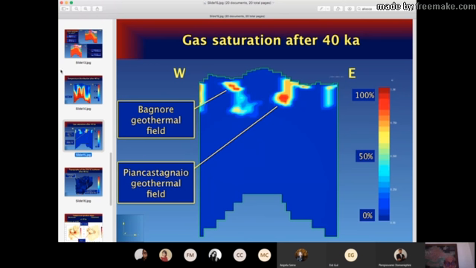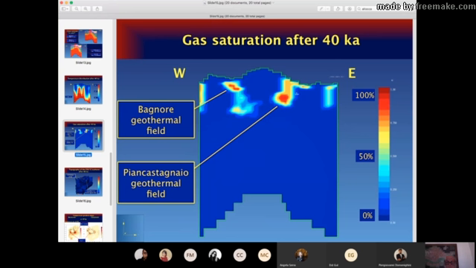As you can see from the title, gas saturation after 4,000 years of simulation. 4,000 years of simulation takes about 24 hours of computing time for these relatively large cells. If you would go to smaller cells using TOUGH3, you can perhaps spend even 2-3 days for each simulation.